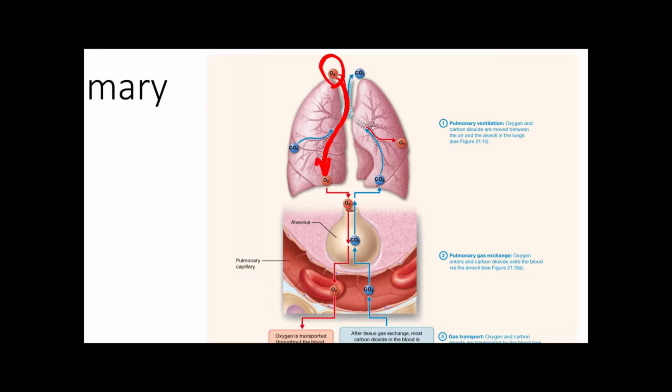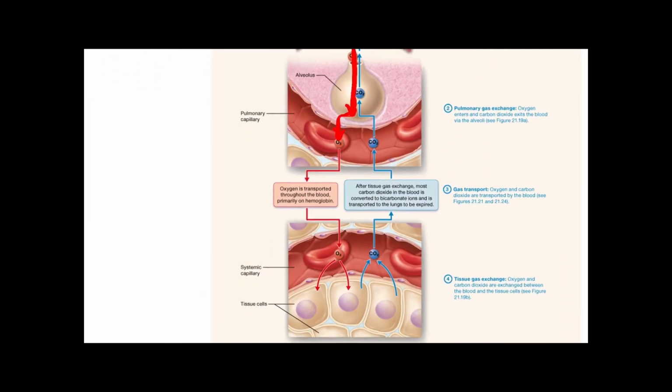The oxygen molecules then enter the alveoli, and because of the partial pressure of oxygen, which is about 104 millimeters of mercury, the oxygen is able to diffuse into the blood and attach to hemoglobin within the red blood cells.